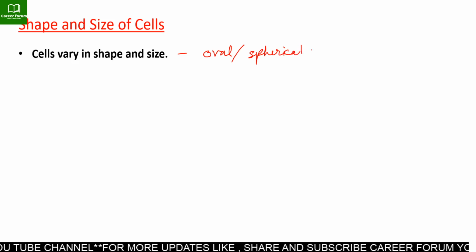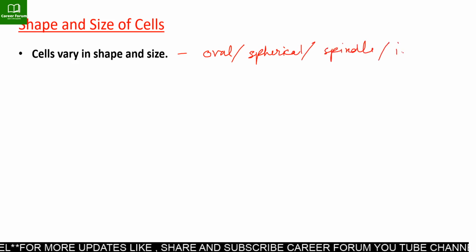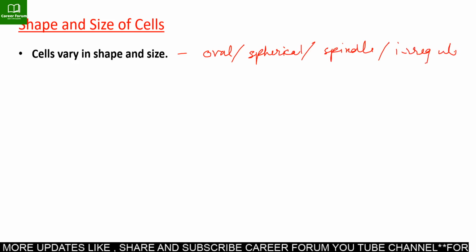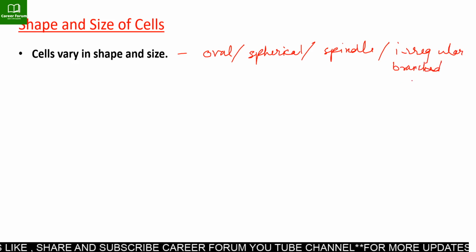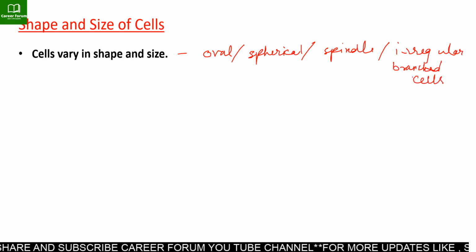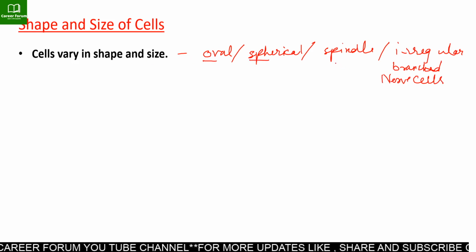Most of the cells are seen to be oval, spherical, spindle, and irregular or branched, like nerve cells. So usually the cells have oval shape, spherical, spindle, or they are irregular like nerve cells.